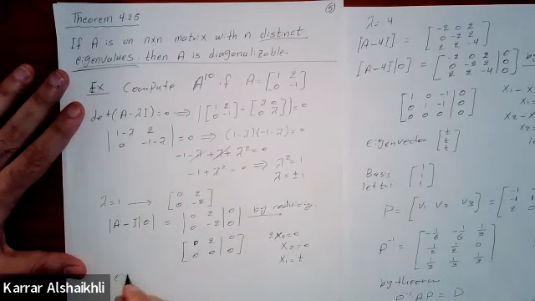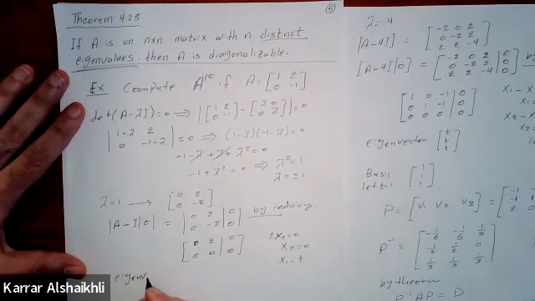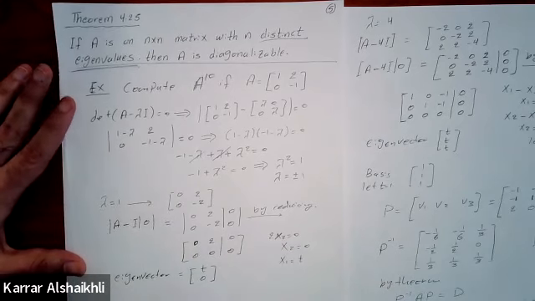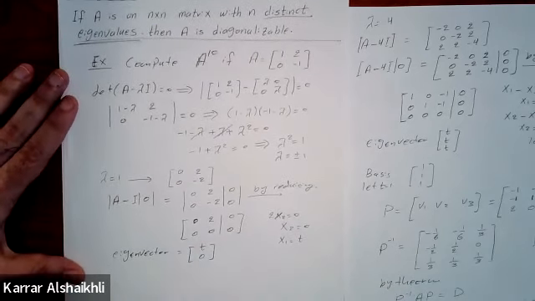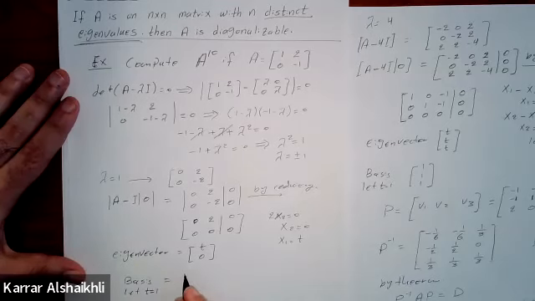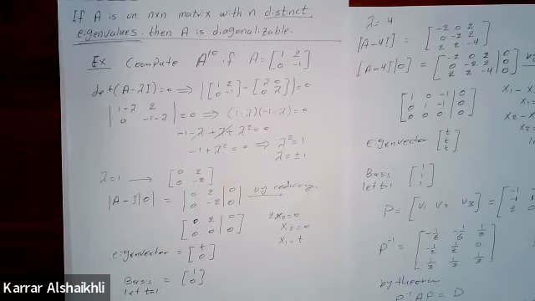That means the eigenvectors are going to be equal t and 0. Basis is going to be, let t equal 1. So the basis is going to be 1, 0. Here's the first one.